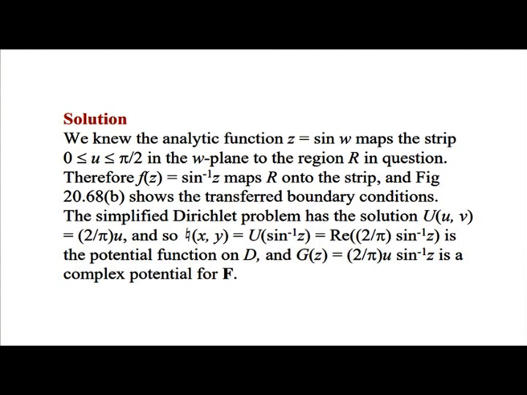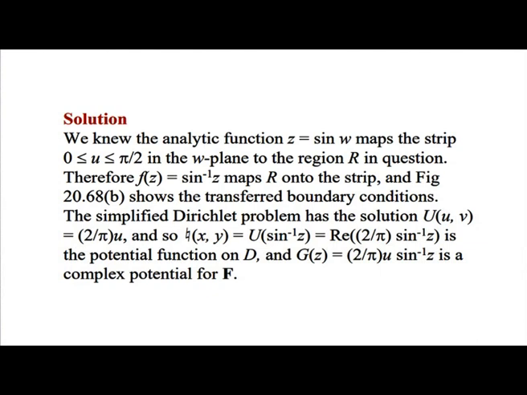We know that the analytic function z is equal to sin w maps the strip 0 less than or equal to u less than or equal to pi by 2 in the w plane to the region R given. Therefore, f of z is equal to sin inverse of z maps R onto the strip, and figure B shows the transferred boundary conditions.